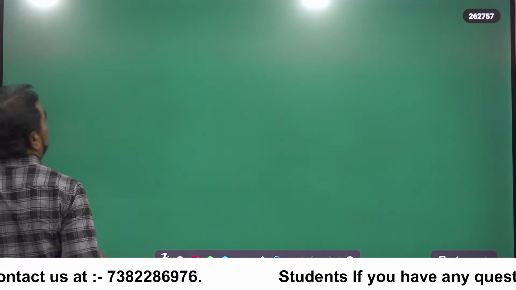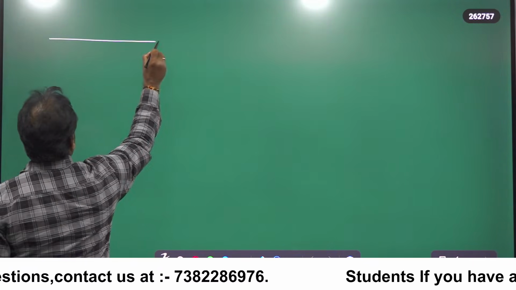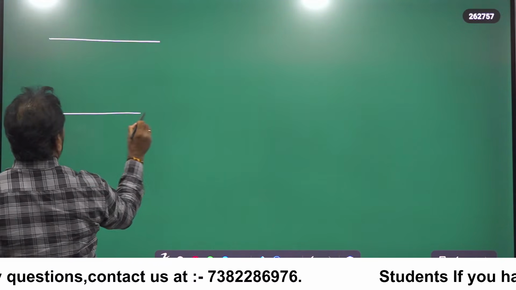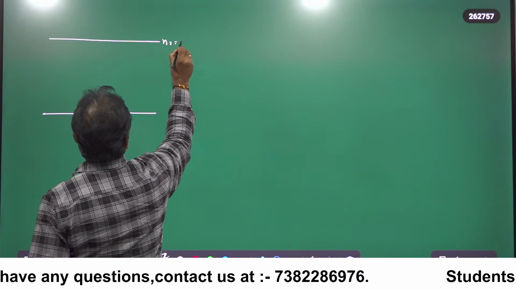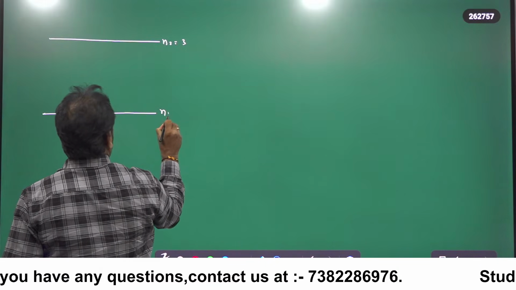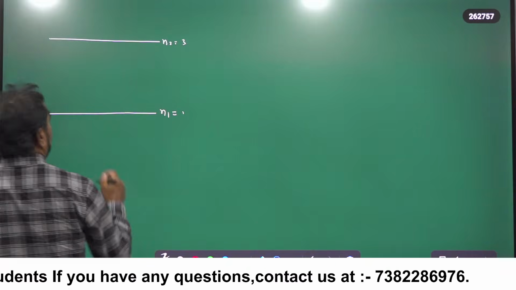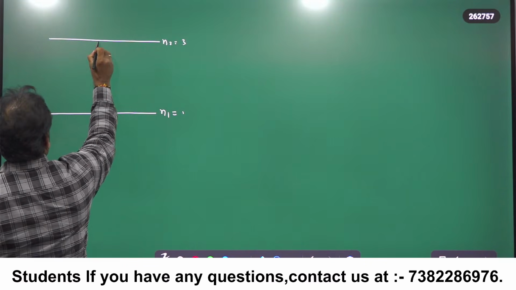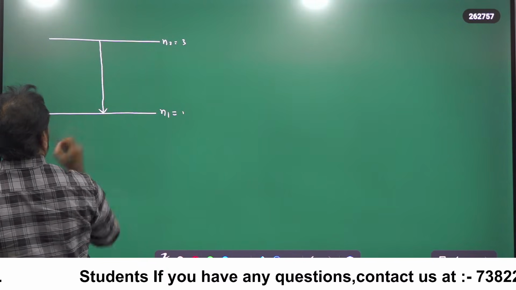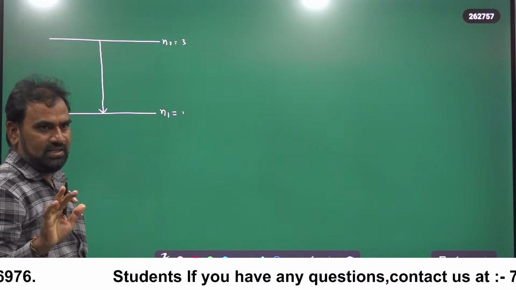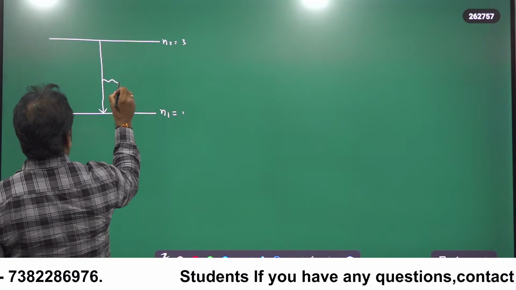Suppose consider two energy levels, where N2 is equal to 3 and N1 is equal to 1. An electron makes a transition from the third energy level to the first energy level, and it releases energy.